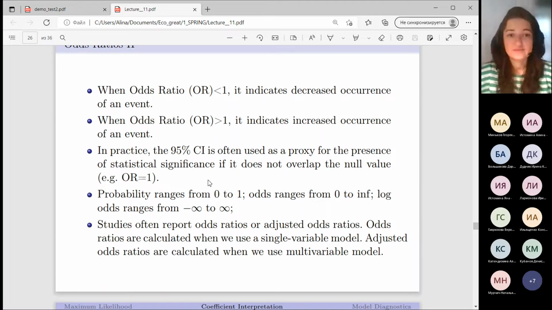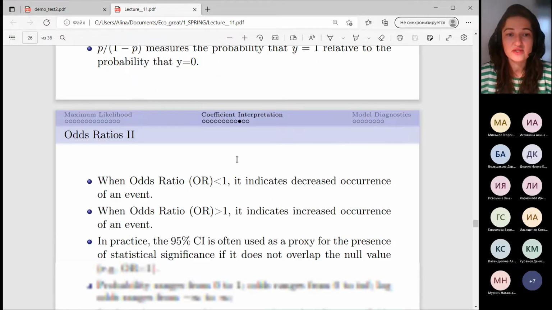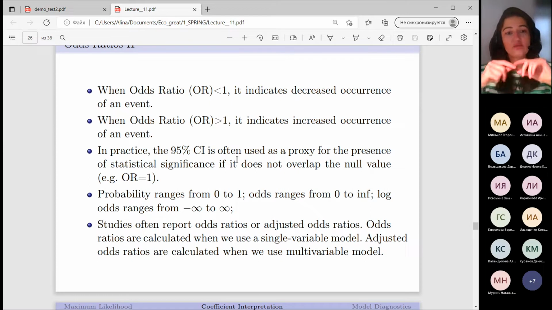The difference is that, of course, we use logit, we use maximum likelihood estimation, and we give our interpretation in terms of odds ratio. And again, odds ratio here means this fraction, this ratio that we just discussed. Probability, you remember, ranges from 0 to 1, but odds range from 0 to infinity.